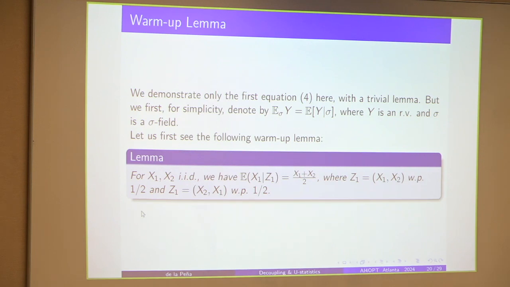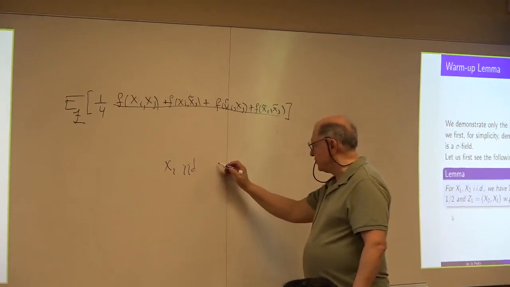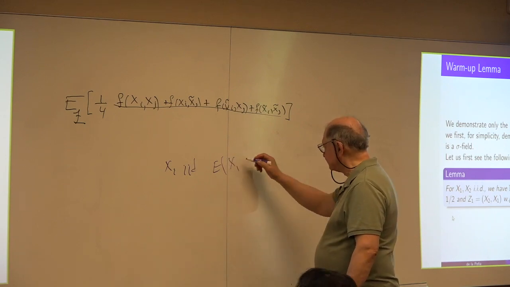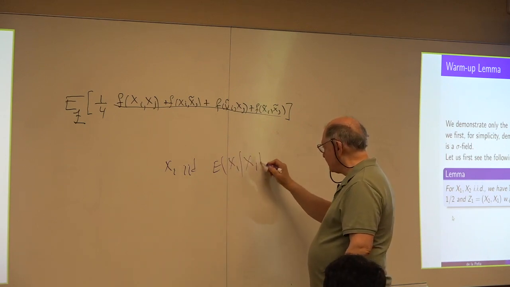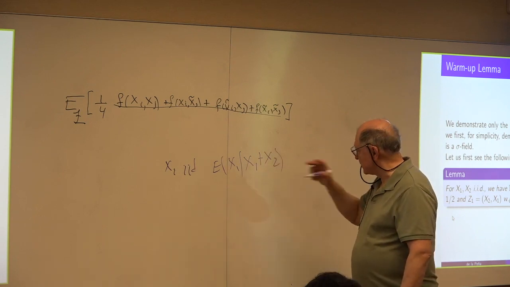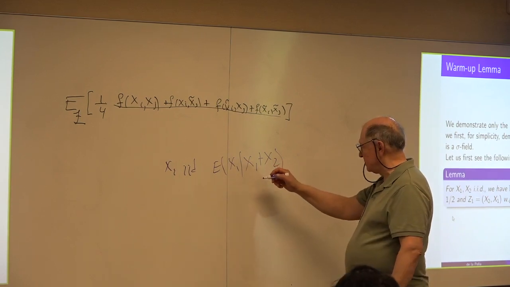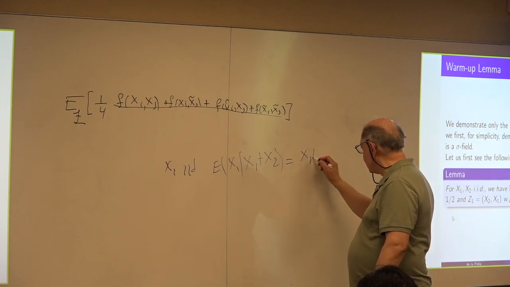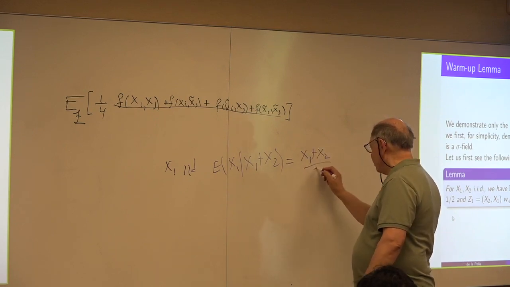What you have is x sub i iid, and then you look at the expected value of x1 given x1 plus x2, which is found to be (x1 plus x2) over 2.